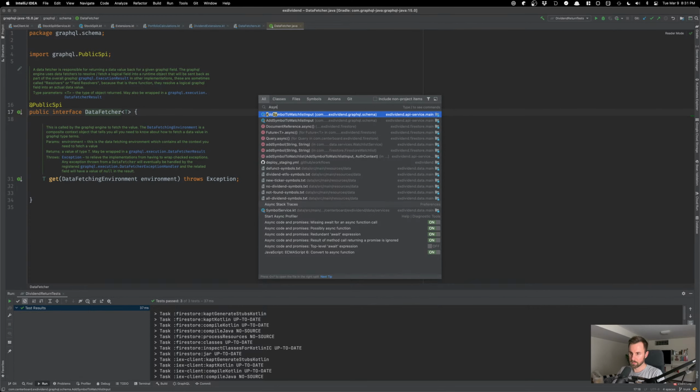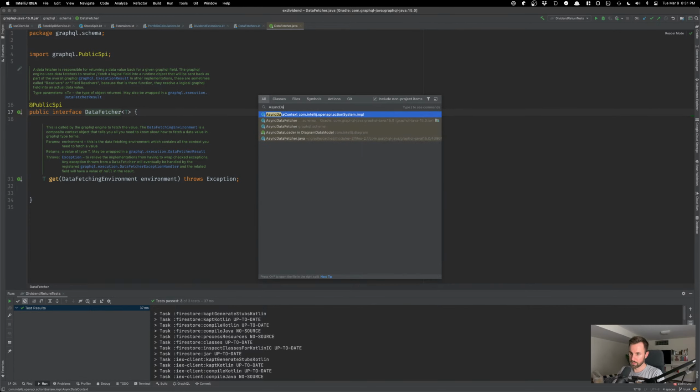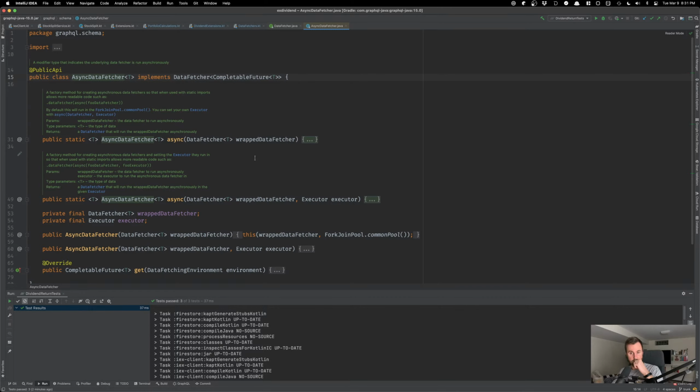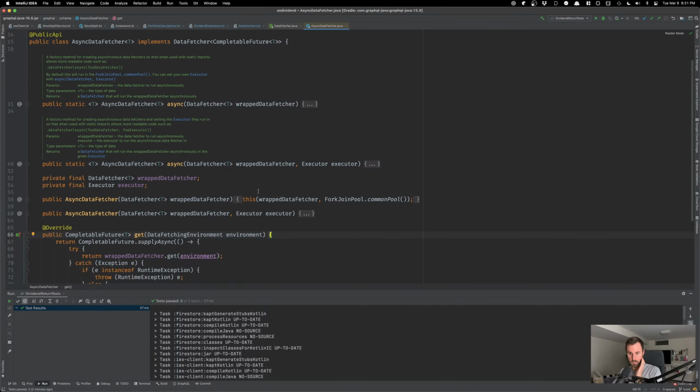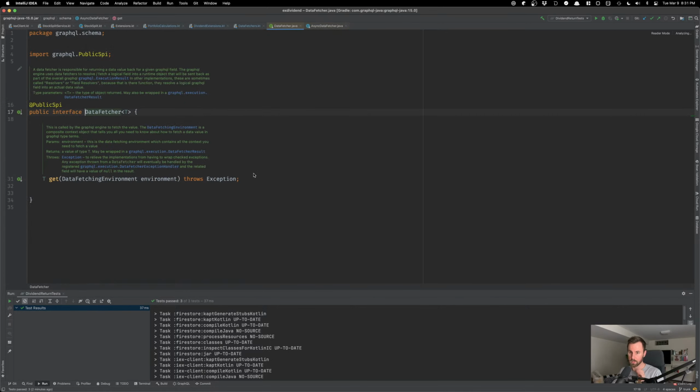There's probably an async data fetcher, but yeah, there is. So should I be overriding that one? No, then it's just wrapping it. Okay, this should be fine.